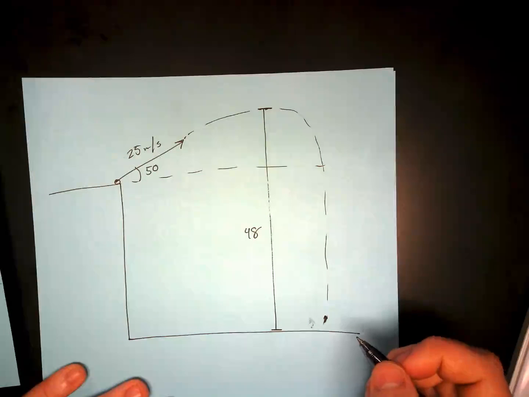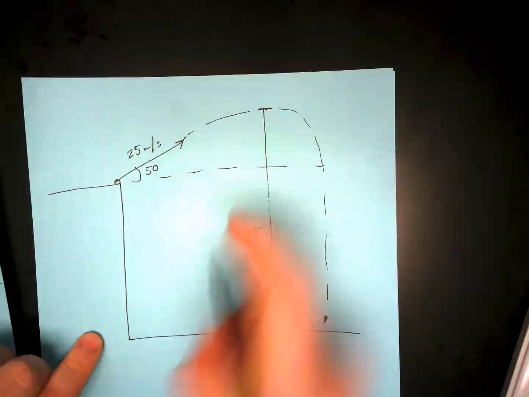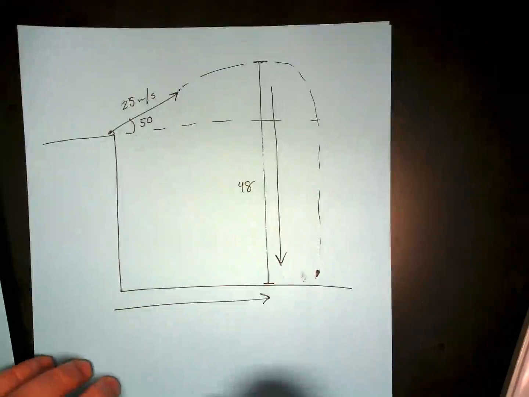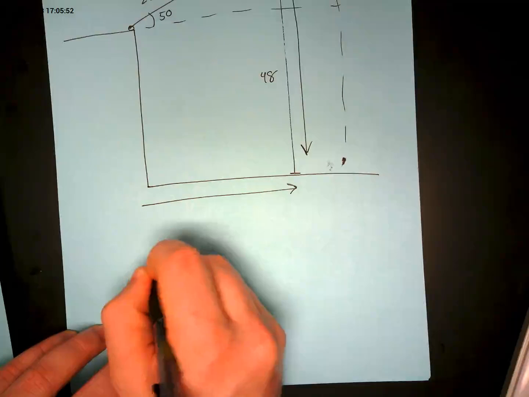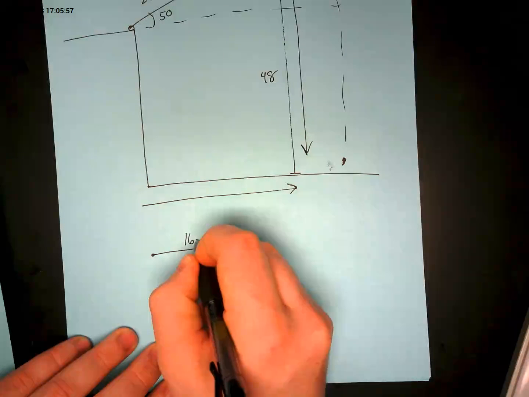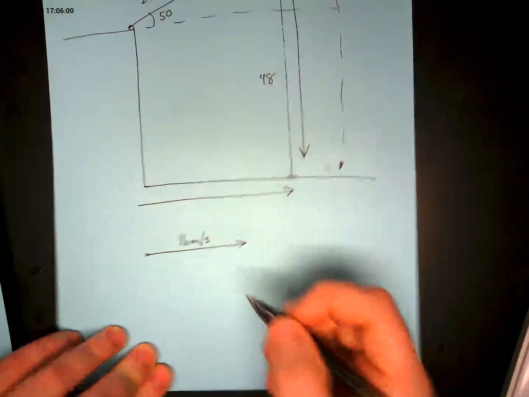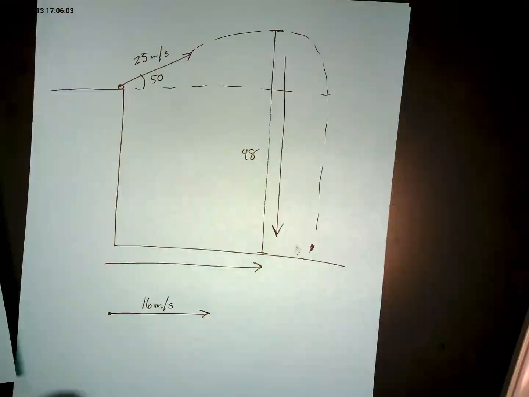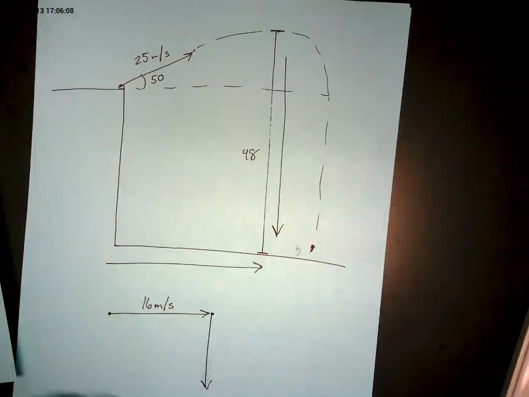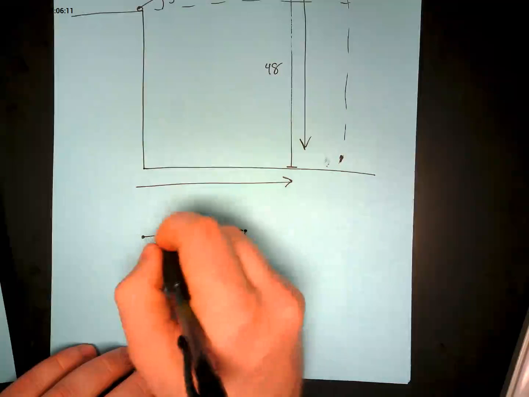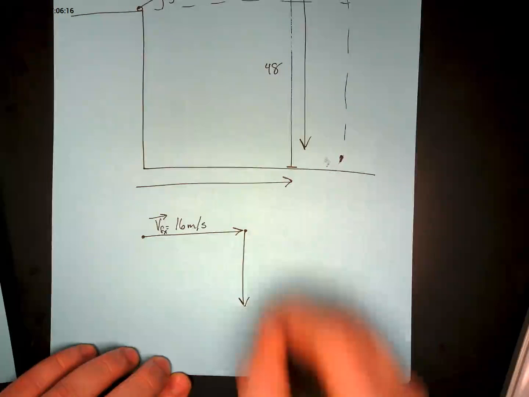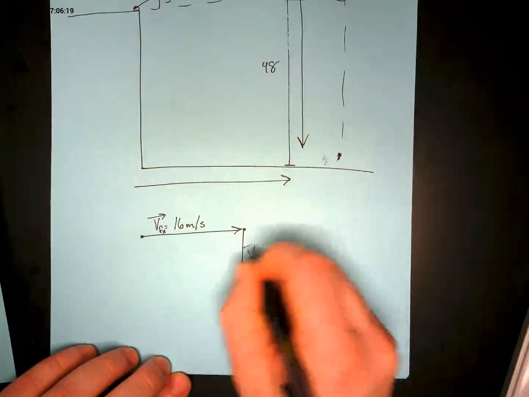What that means is that we're going to combine our vectors here. Horizontally, we went 16 meters per second. But then after it has reached its max height, it goes from here down. Because this doesn't change, we can just say that this is what that is. We don't know what this is yet.